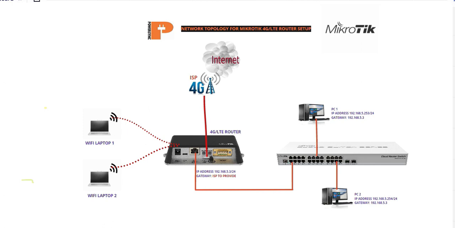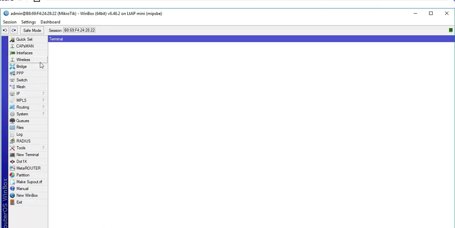To start, let us log on to the Mikrotik box via Winbox. Winbox, as we all know, is a Mikrotik proprietary GUI configuration tool used to configure Mikrotik routers, switches, and all its appliances.